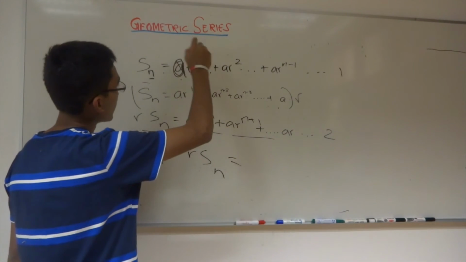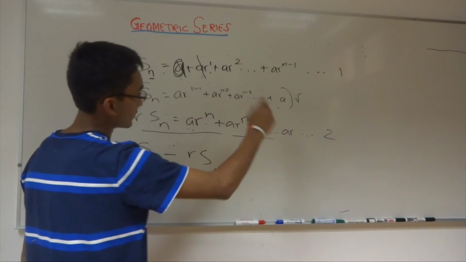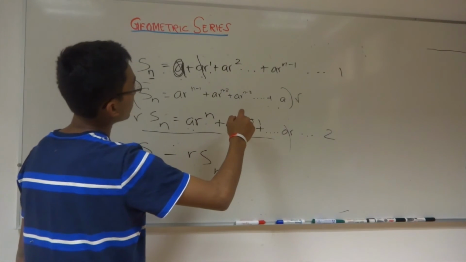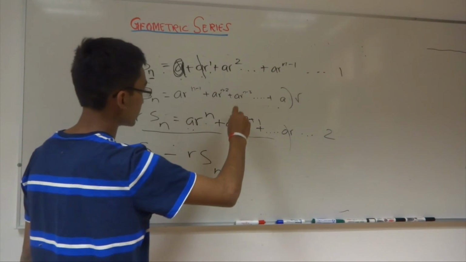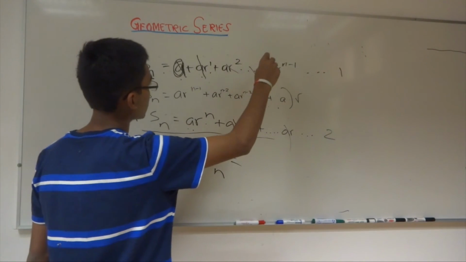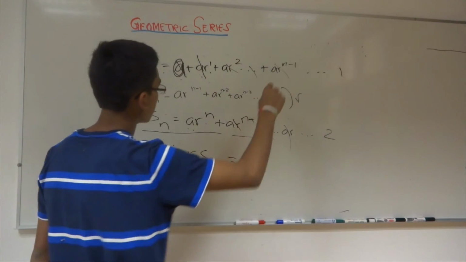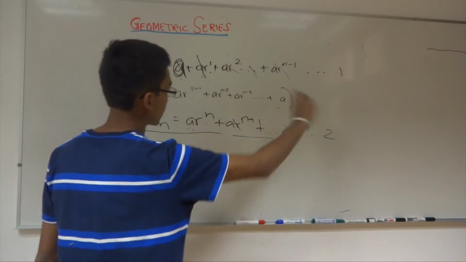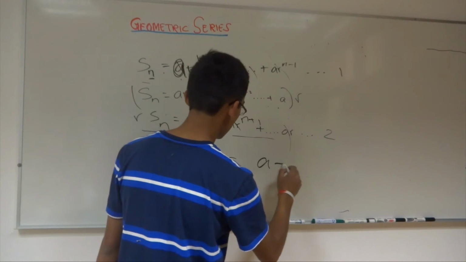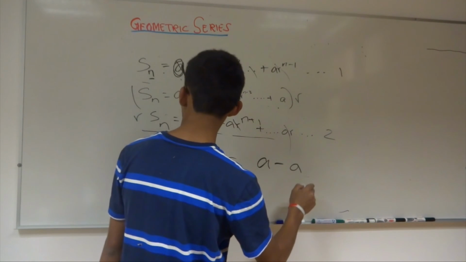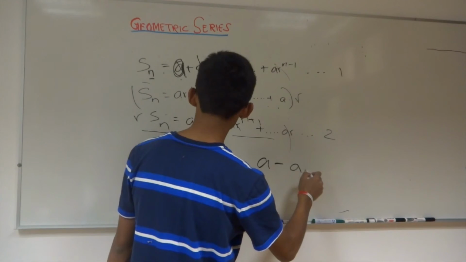So what we can do is cancel out this, cancel out that, and cancel out everything else, and we have a minus a times r to the power of n.